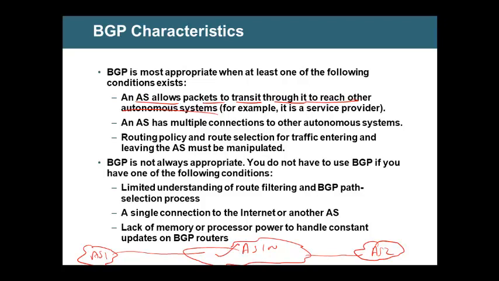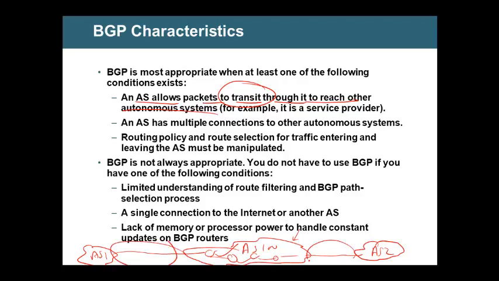Then who are they? They are transit. So whenever they are transit, they will have some policy because they need to collect money from you, no? They cannot simply give you the service. When you are using their network, they will charge you, isn't it? That is the policy. For that, we need BGP.